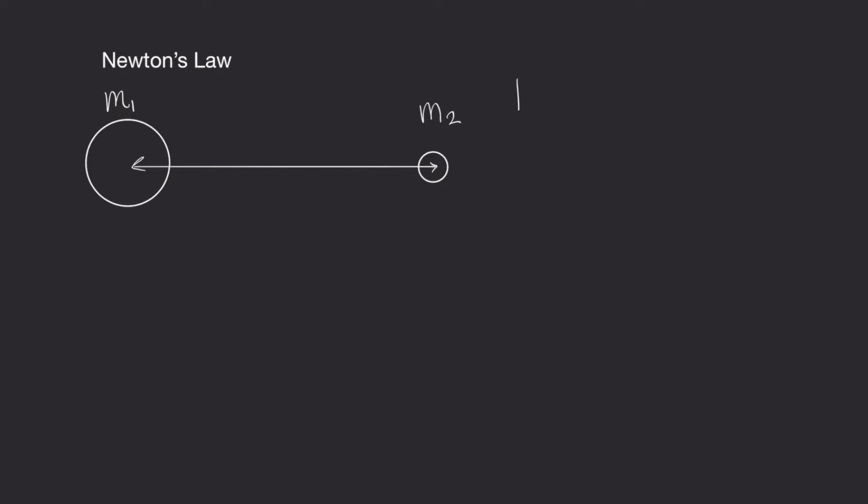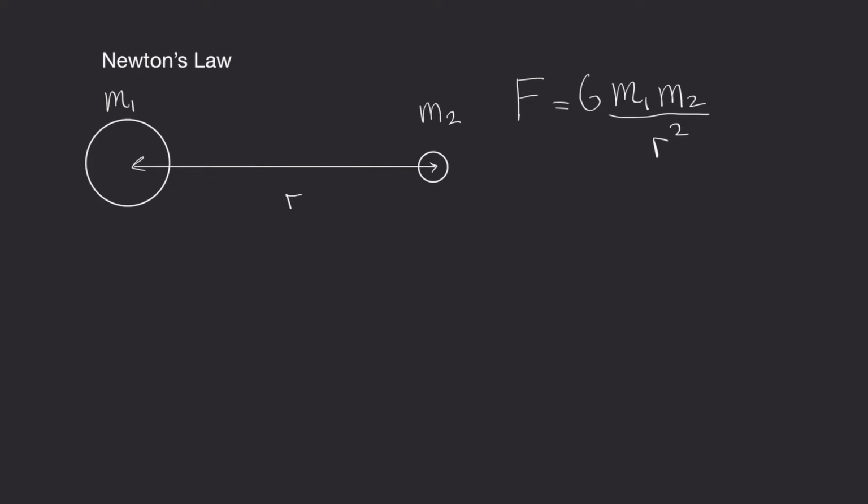The famous equation for the magnitude of that gravitational force is that it's proportional to the product of the two masses, and it's inversely proportional to the distance between them squared. There is a constant of proportionality there, which is known as G, the famous gravitational constant.